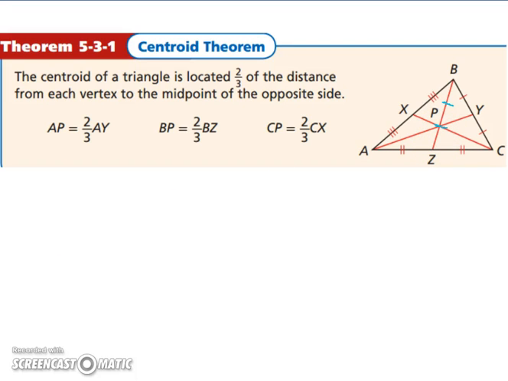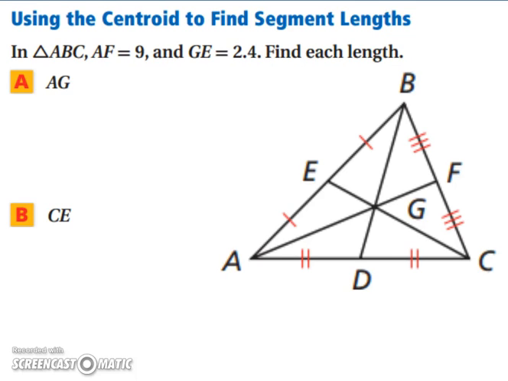Let's try applying this. Using the centroid to find segment lengths. AF is 9. So from A to F, this whole distance here is 9. And from G to E is 2.4.